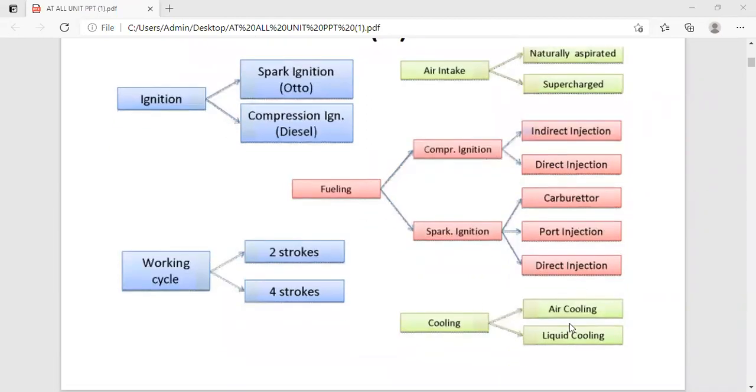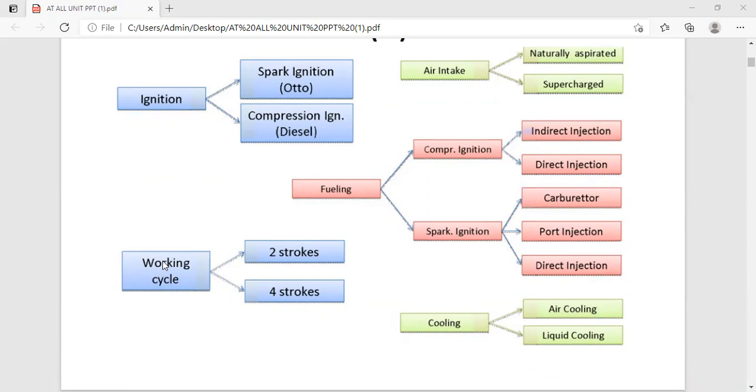According to cooling: air cooling and liquid cooling. In air cooling we provide fins to increase the contact area. Liquid cooling is water cooling, for example using a radiator.